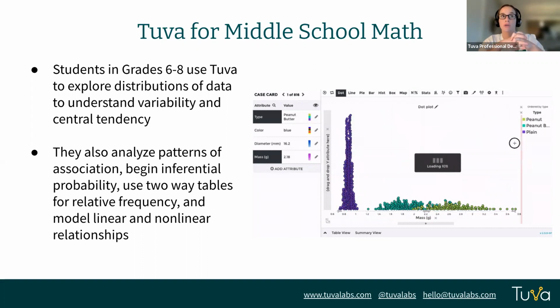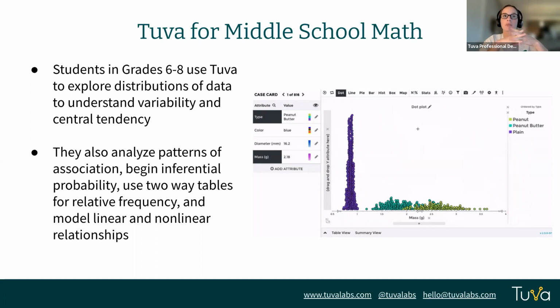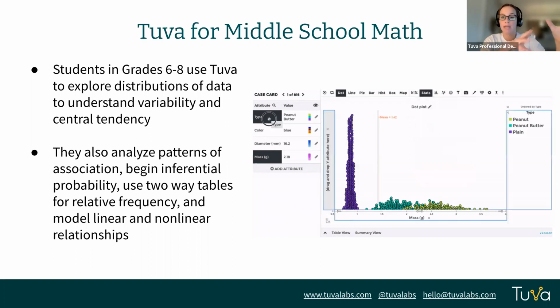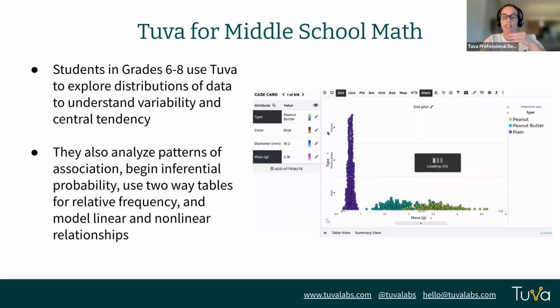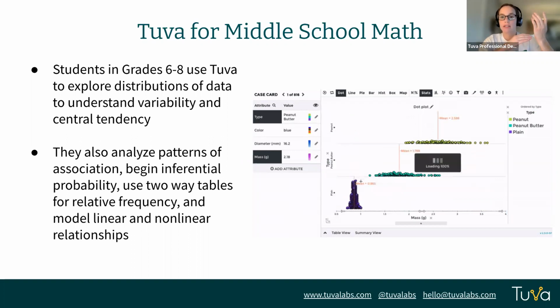7th grade is also really big for inferential statistics and probability. So students are, for the first time, grappling with how we can use sample data to make predictions about a population. And that's huge because that forms the basis of statistics and AP statistics as students move on later in their high school journey.